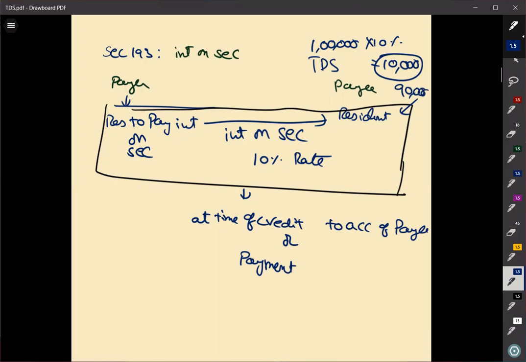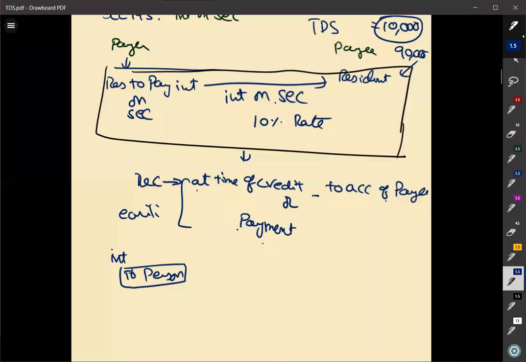Credit to the payee means recognition, a book entry. You are passing a book entry on accrual basis. So accrual or payment, whichever is earlier, within that period you are supposed to deduct the TDS. That is the overall summary behind section 193.